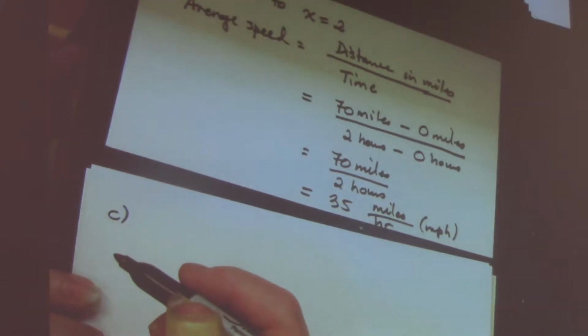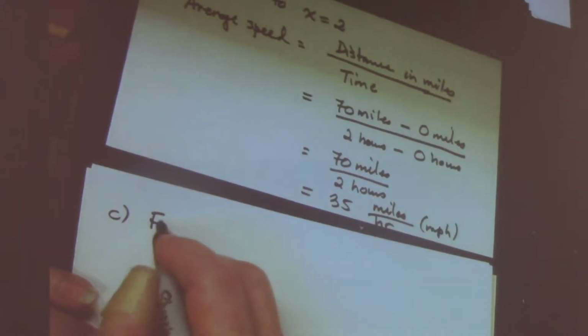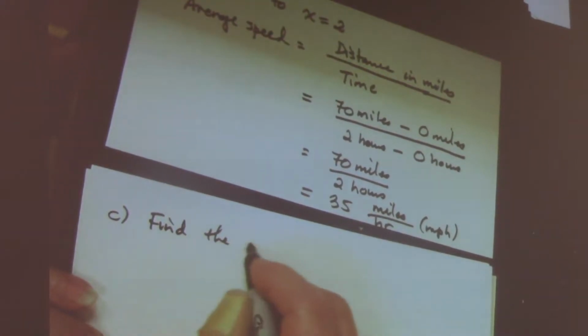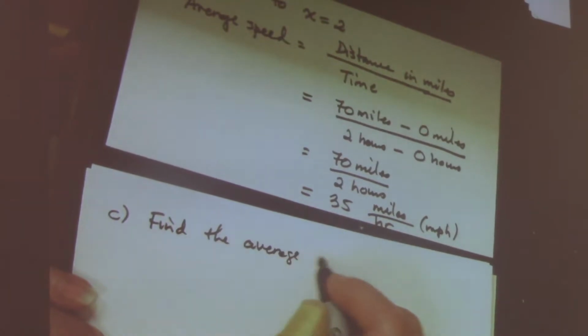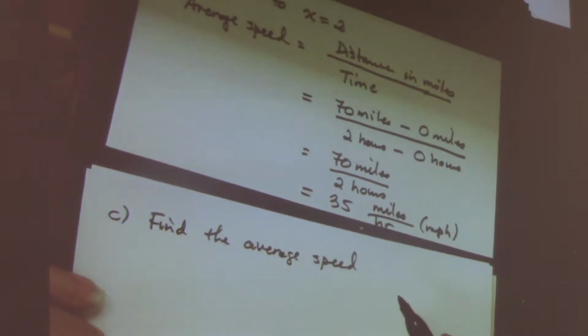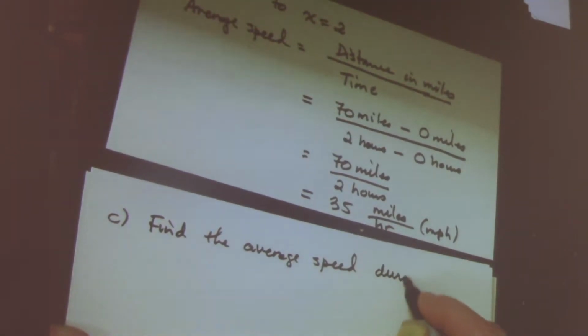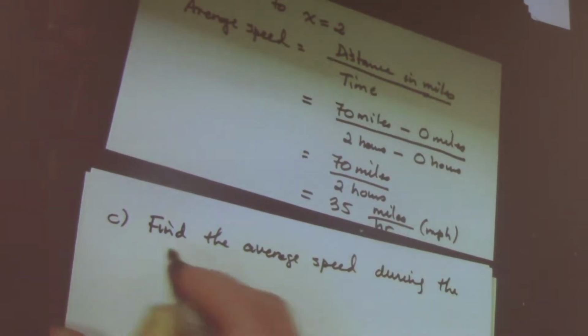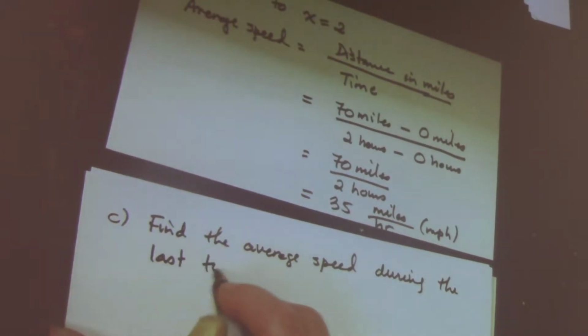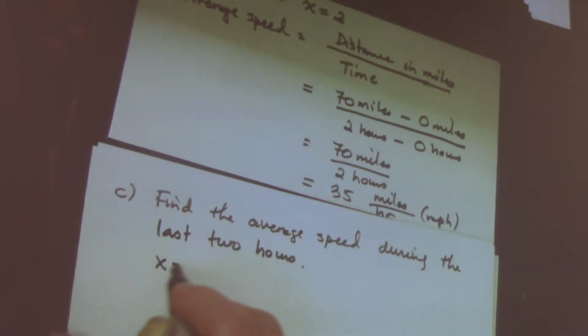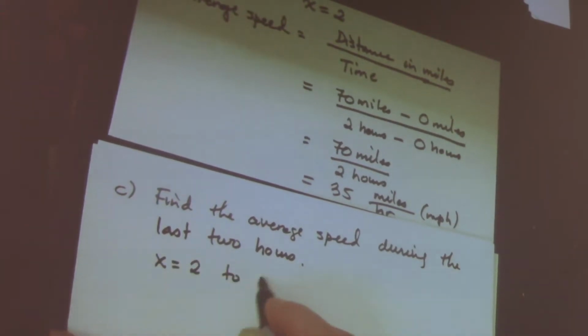Let's find the average speed during the last 2 hours. In other words, from x equals 2 to x equals 4.